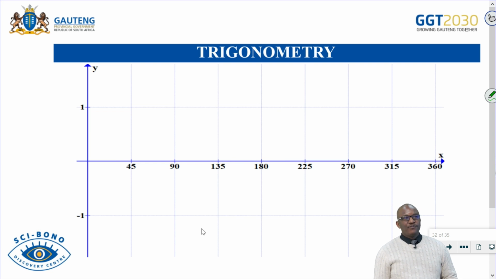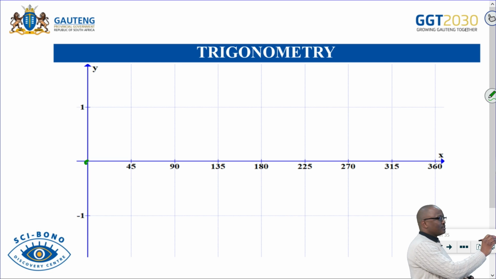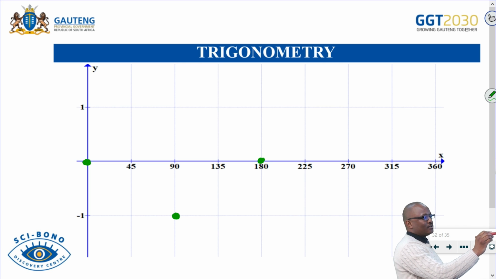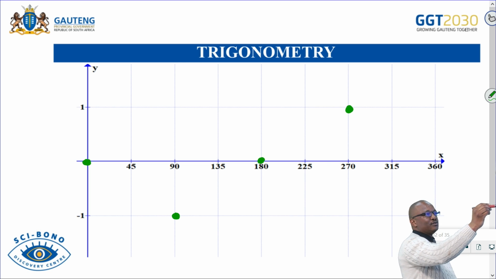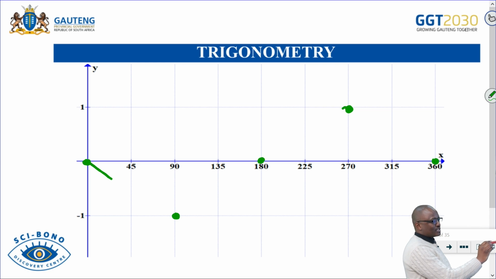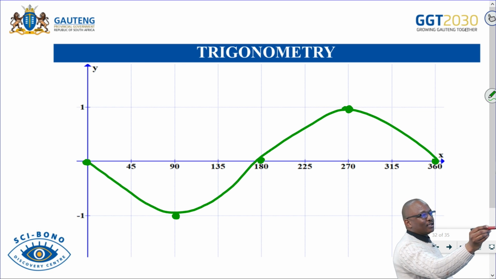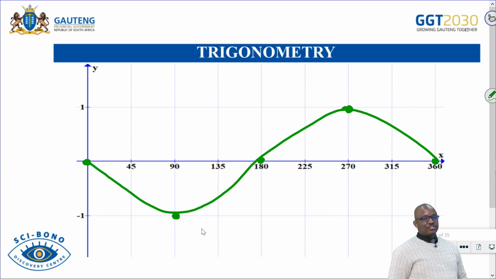Our sine, if you can look at it, is negative. So it will be 0, minus 90, 180, 270, and 360.